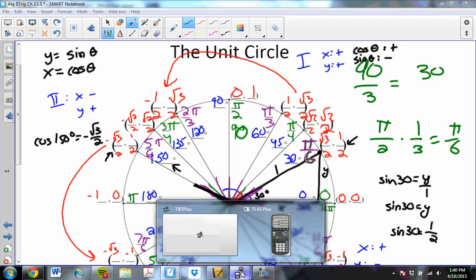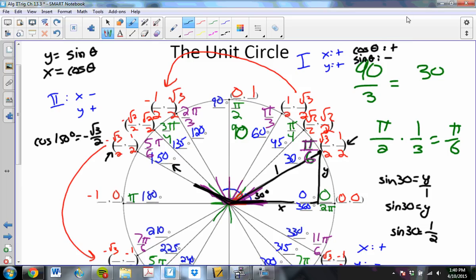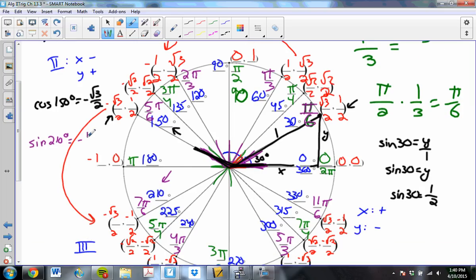And if I go to my calculator and I check that, I do the cosine of 150, and I get that, and I do negative root 3 divided by 2, and I get the same thing. So I can find cosines and sines of these particular angles incredibly quickly, and these particular angles are incredibly useful. If I wanted to find the sine of 210 degrees, well, 210 degrees is here, the sine is the y value, and the y value is negative 1/2.